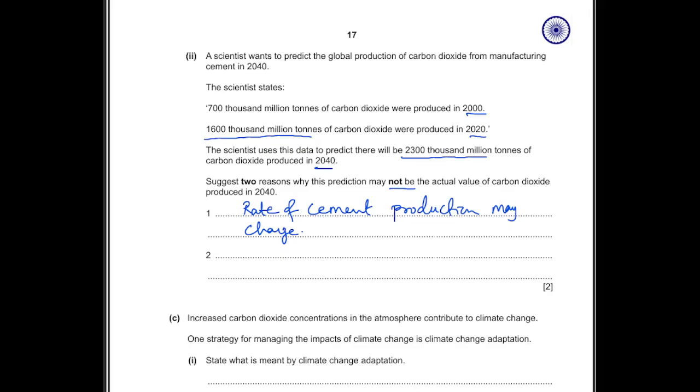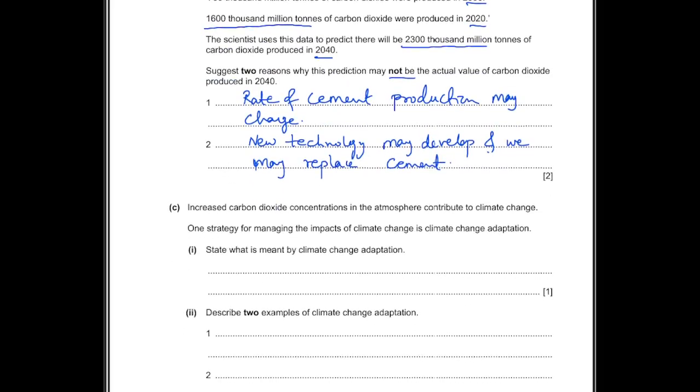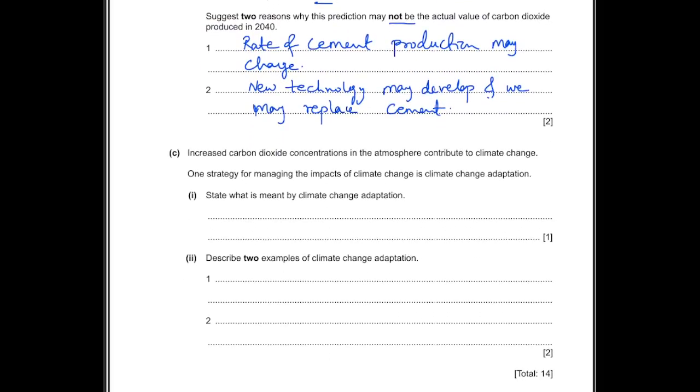Second point we can mention, new technology. Okay, new technology may develop and we may replace cement. Okay, that's the reason. That's not the actual value here. But let's move to the C part.